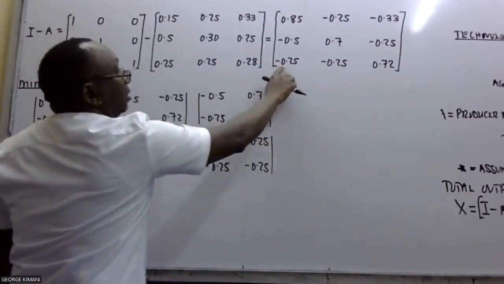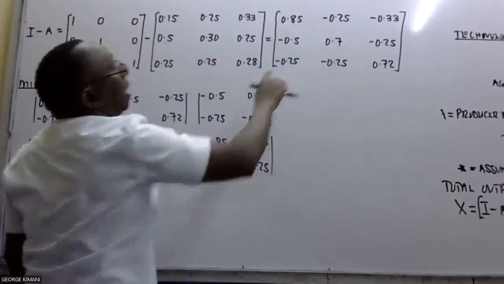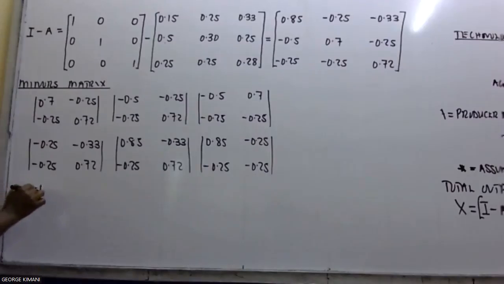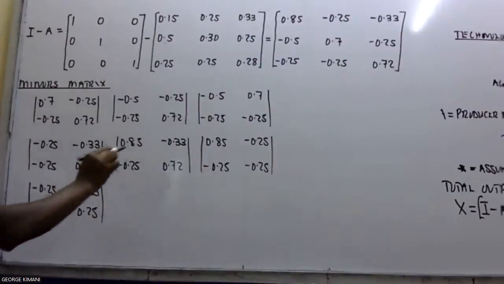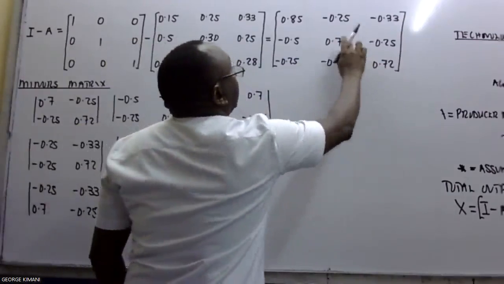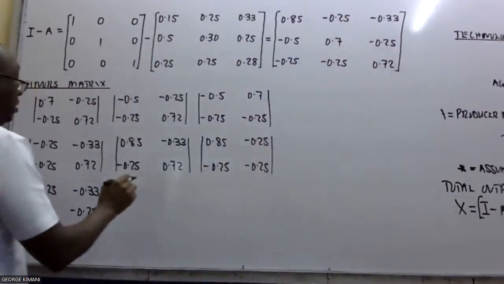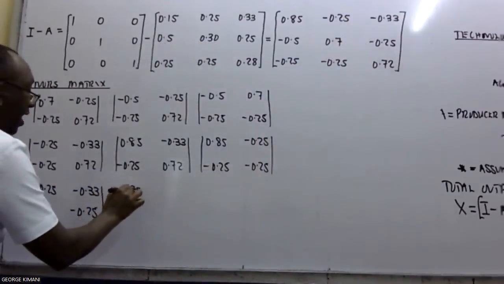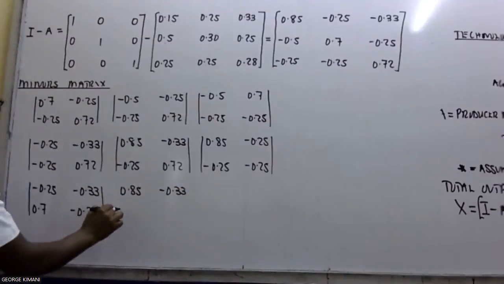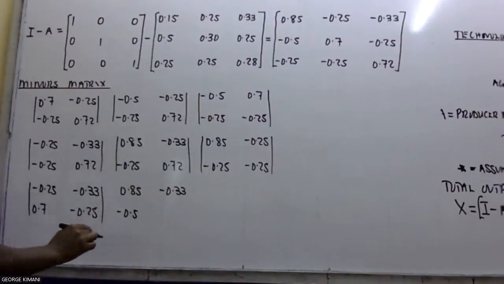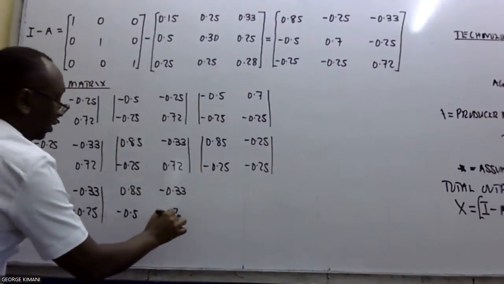Then tufuje hapa, drop this row and this column. Tunaachwa na minus 0.25, minus 0.33, 0.7 and minus 0.25. Tukuje hapa, drop this row and this column. Tunaachwa na 0.85, minus 0.33, minus 0.5 and minus 0.25.